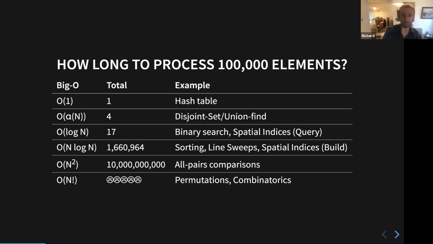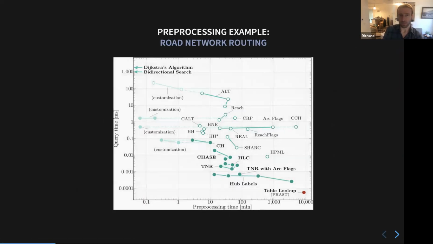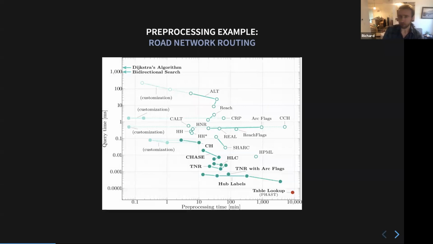So knowing that about items, let's talk briefly about the trade-off between pre-processing and queries. And the quintessential representation of that in my mind is road networks. So if you want to find a route from A to B in some kind of road network, the way that they'll teach you to do that in an introductory algorithms class is using Dijkstra's algorithm.